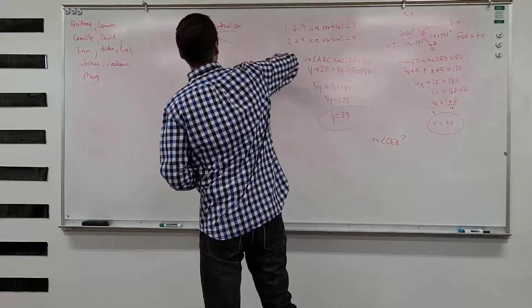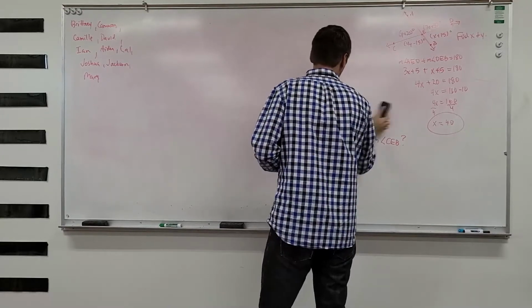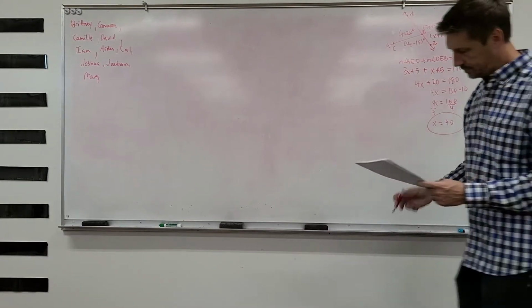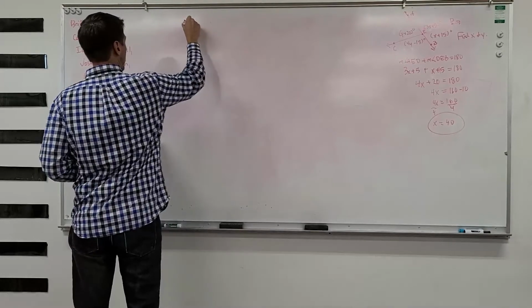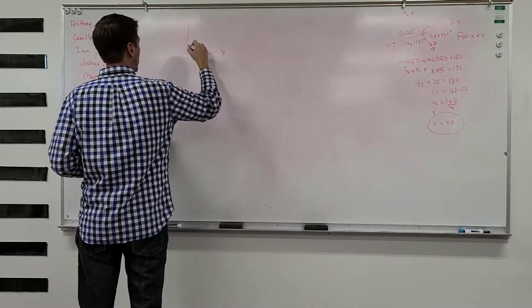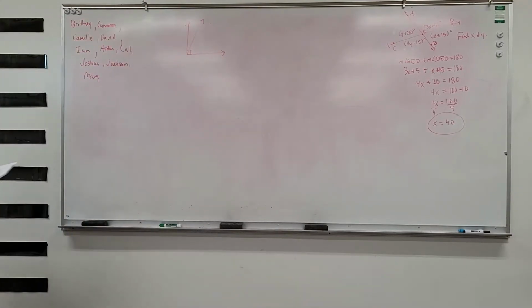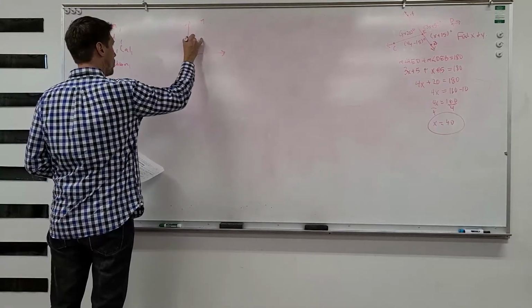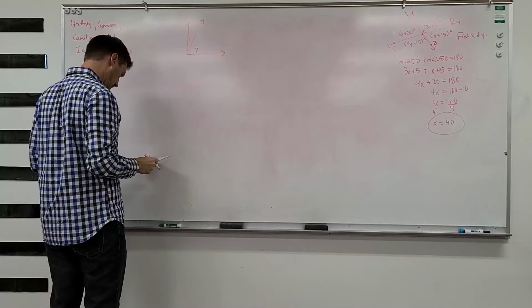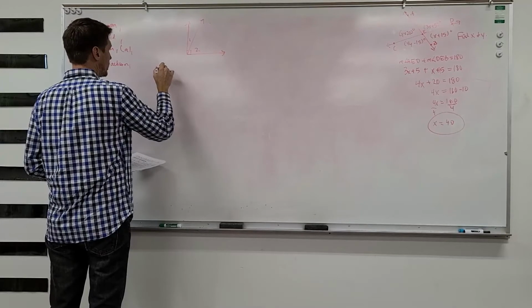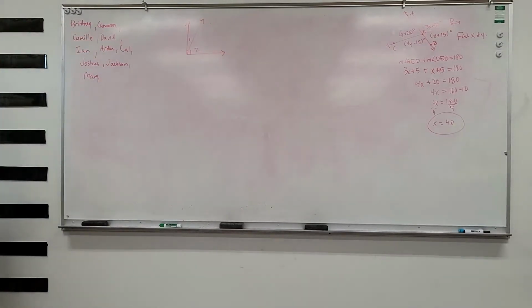All right, so let's talk about complementary angles. Complementary angles are like this. If I tell you that that angle there is a right angle, and I label this as angle 1 and this is angle 2, then the sum of the measures of those two angles added together is 90 degrees, right?